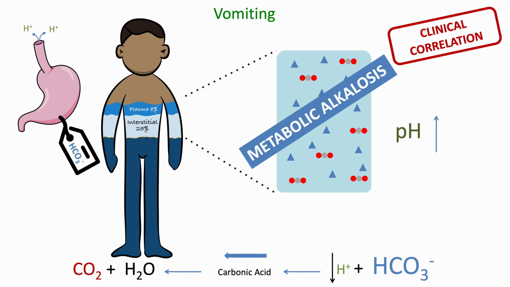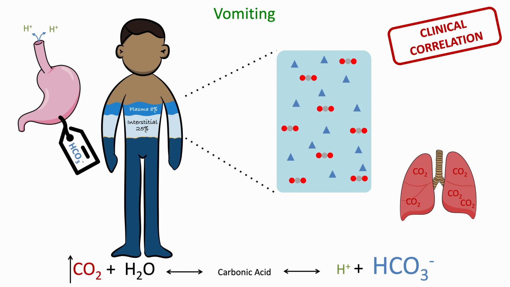An increase of bicarbonate concentration and resultant increase in pH is termed a metabolic alkalosis. The lungs will try to compensate by holding onto CO2 through hypoventilation to balance out the increase in bicarbonate. This is again referred to as respiratory compensation.